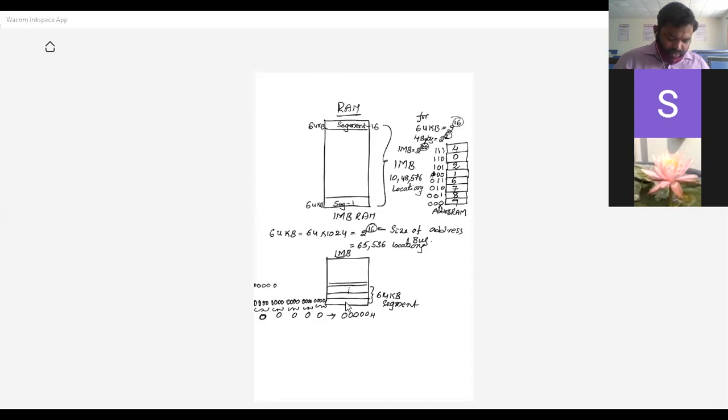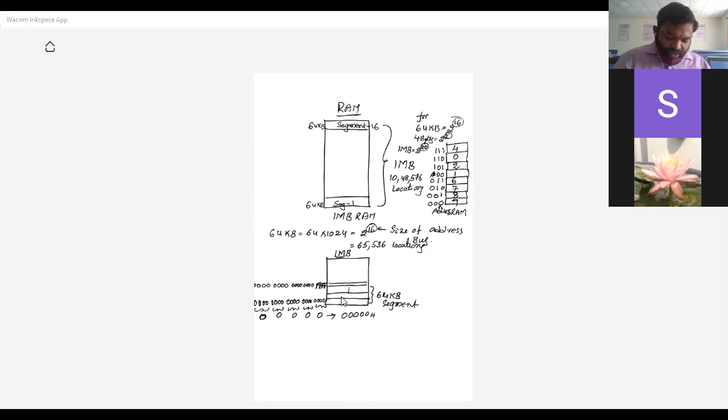The ending address has 4 Fs: F, F, F, F. In between these 4 zeros and 4 Fs, the remaining are combinations of 0 and 1 only.